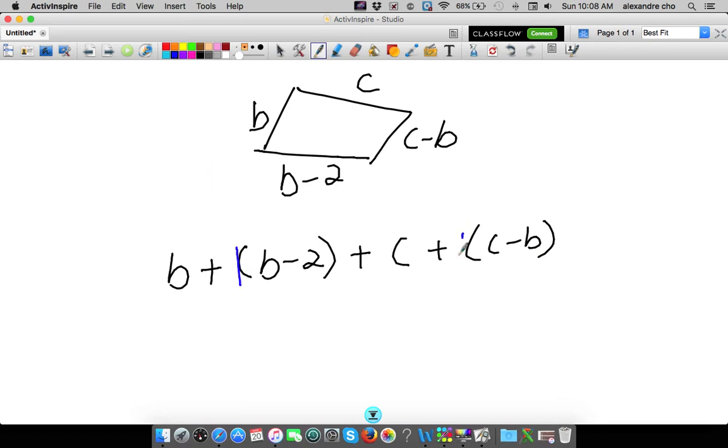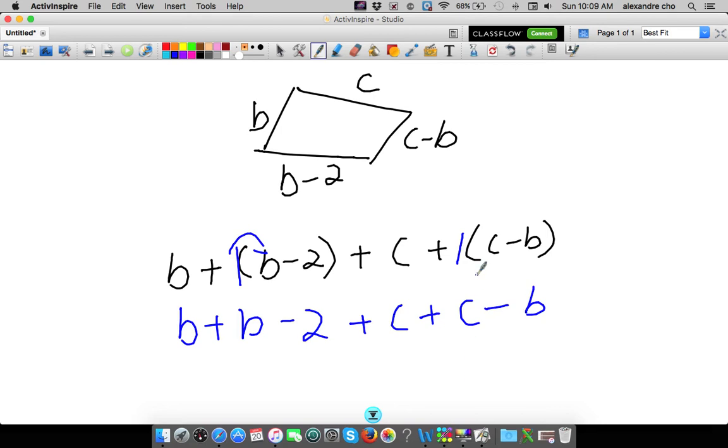Remember, there's a 1 in front of the parentheses. So we get B plus 1 times B is B, 1 times minus 2 is minus 2, plus 1 times C is C again, and 1 times B, make sure it's a minus.